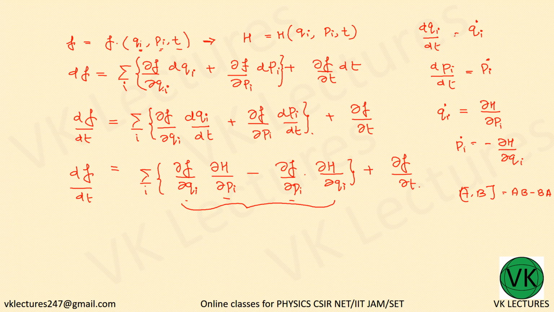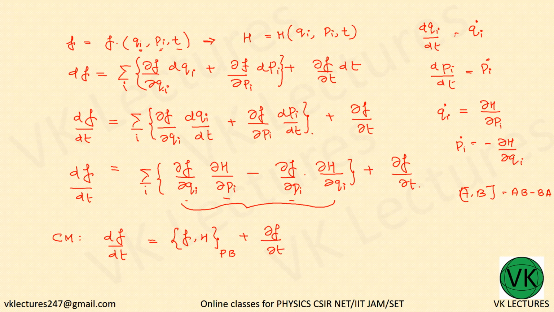Now df/dt we can write in classical mechanics, that is in Hamiltonian mechanics, as df/dt, the total time derivative of f, is equal to this particular quantity, which is nothing but the Poisson bracket {f, h}, plus ∂f/∂t, the partial derivative of f with respect to time.